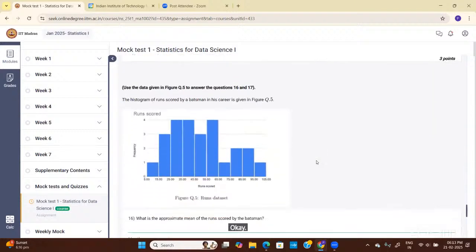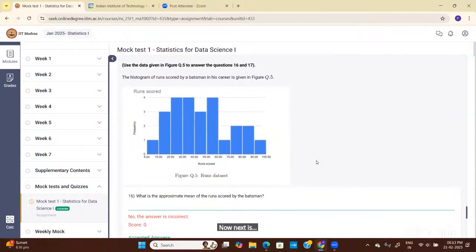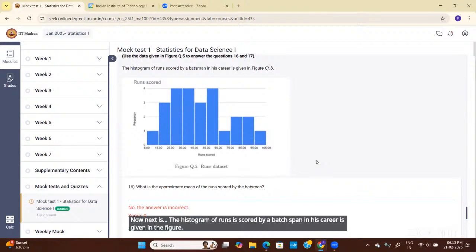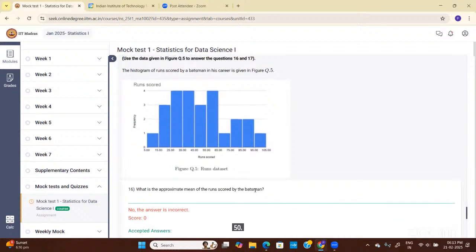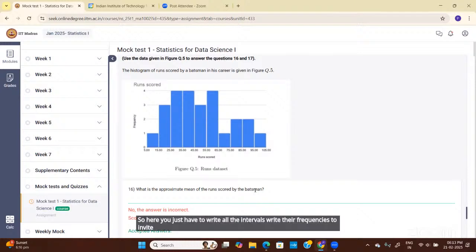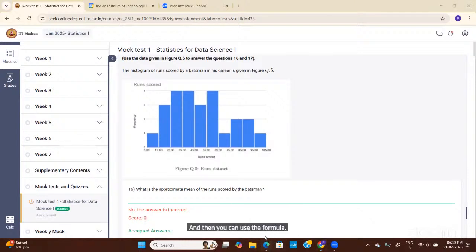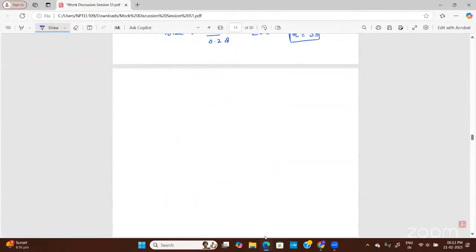Now next is the histogram of runs scored by a batsman in his career given in the figure. First question is, what is the approximate mean of the runs scored by the batsman? So here you just have to write all the intervals, write their frequencies, then write the midpoint for each interval, and then you can use the formula.